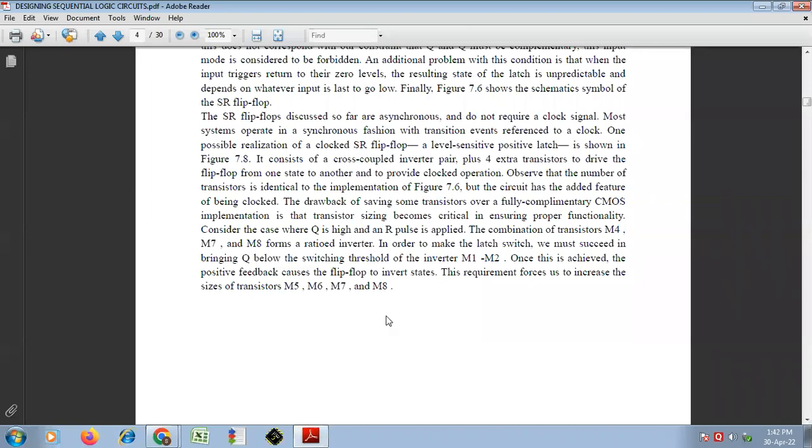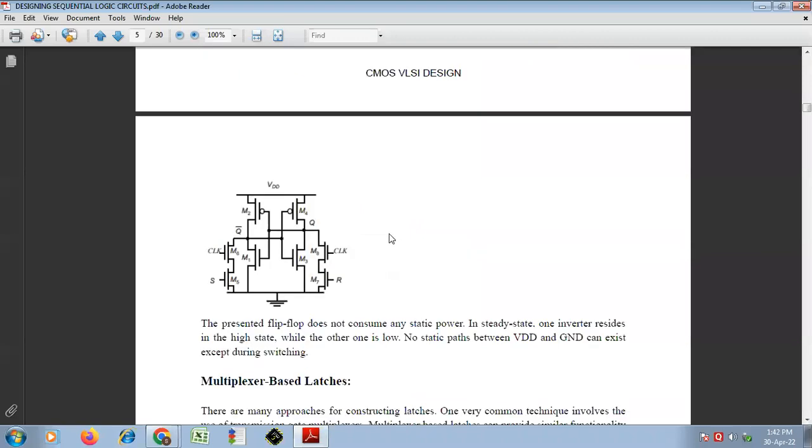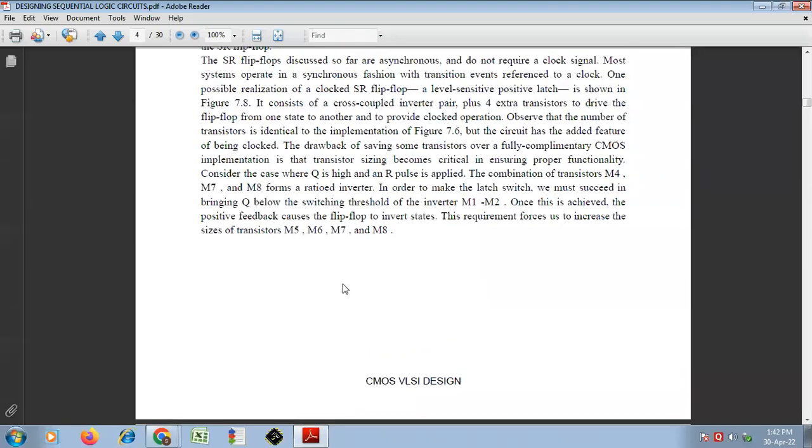The drawback of saving some transistors over a fully complementary CMOS implementation is that transistor sizing becomes critical in ensuring proper functionality. Now consider the case where Q is high and the R pulse is applied. What will happen?